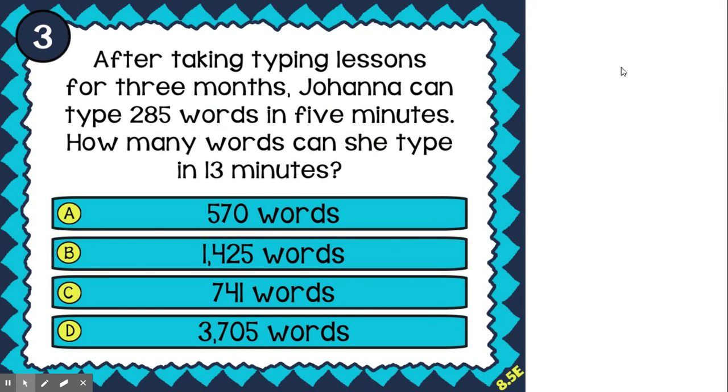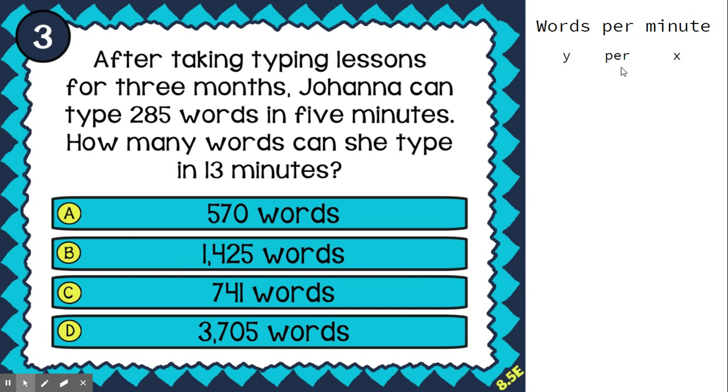All right, the next one is the same thing that we were just doing, except it's written in words. After taking typing lessons for 3 months, Joanna can type 285 words in 5 minutes. How many words can she type in 13 minutes? So first of all, thinking of my unit rate ahead, I think of words per minute, right? I know that's how my unit rate should be written.